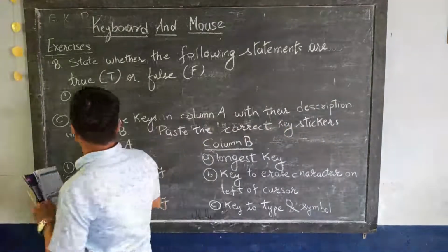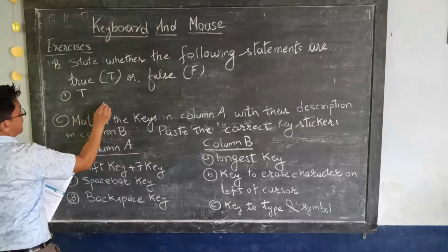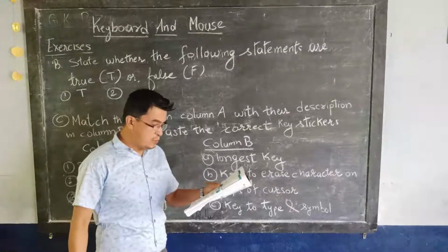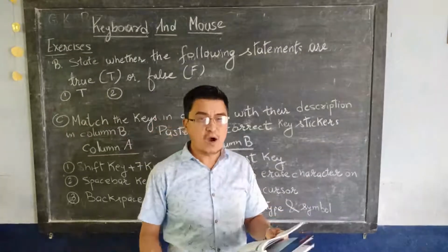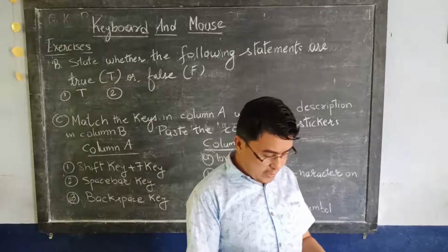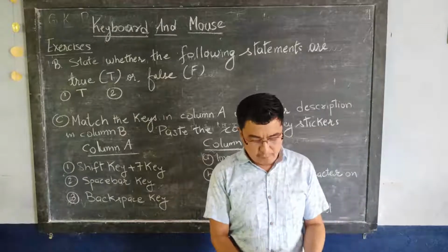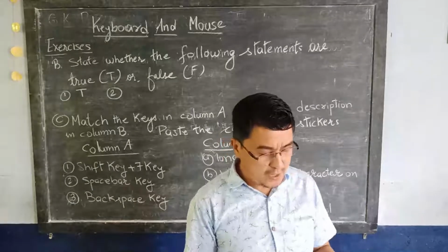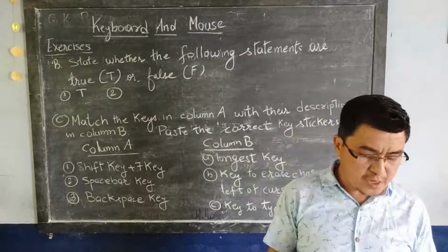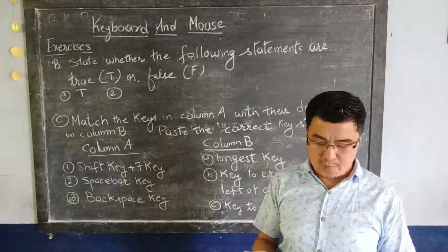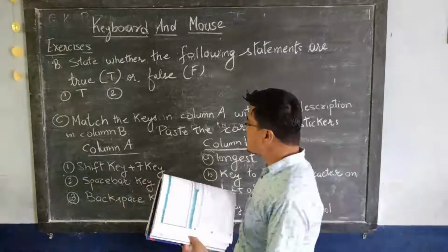You write T. And number 2, most QWERTY keyboards have 104 keys. If you look at page number 48, it is written that a QWERTY keyboard usually has 104 keys. It is mentioned there also. So it is true.